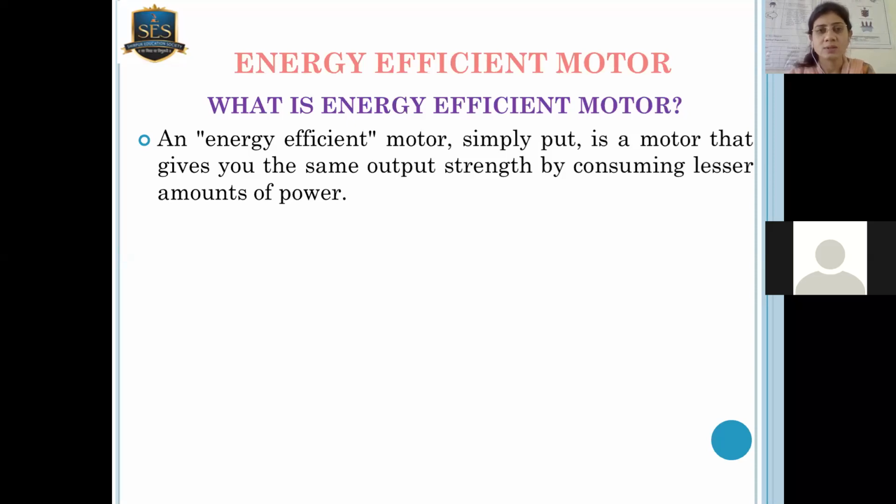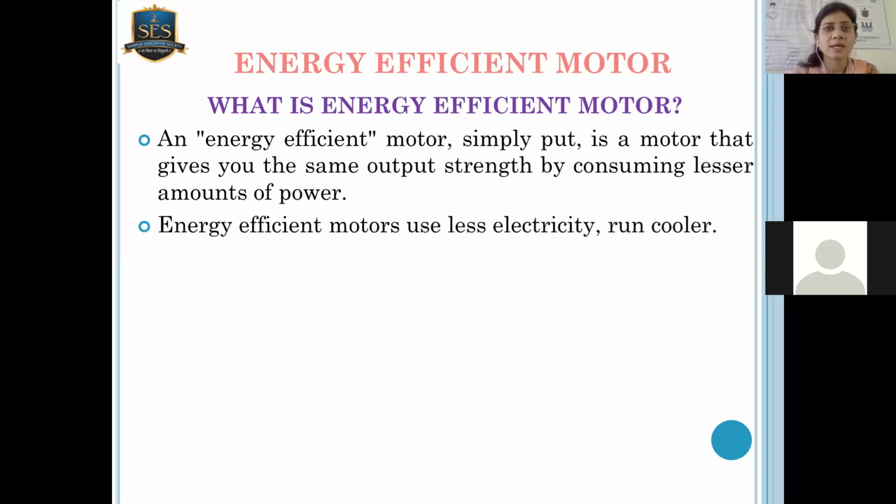Okay, so there are various features of the energy efficient motor. The energy efficient motor uses less electricity and runs cooler. So less electricity is utilized, which means the material used while designing that particular energy efficient motor is of high quality, so the losses, the magnetic losses, are reduced, and the stator and rotor gap is properly set.